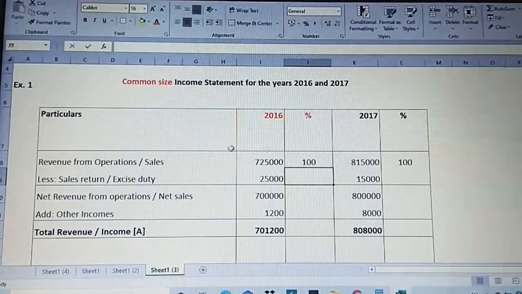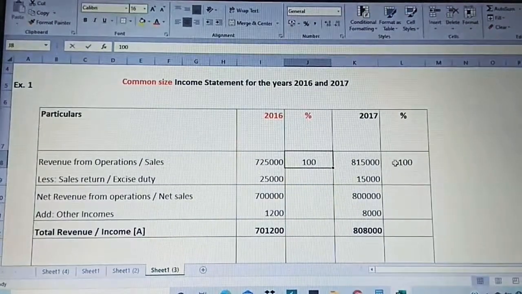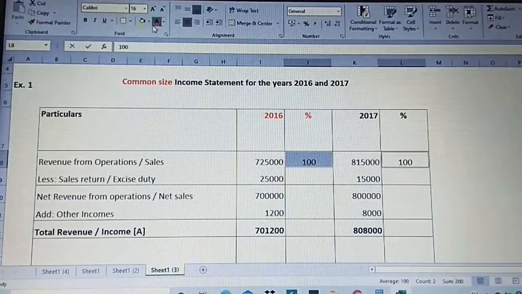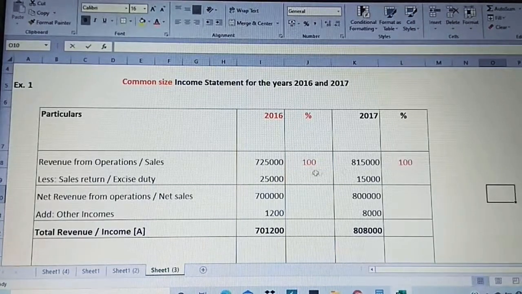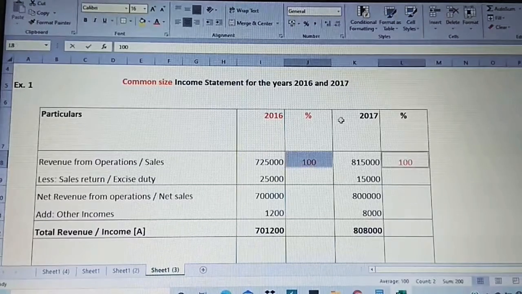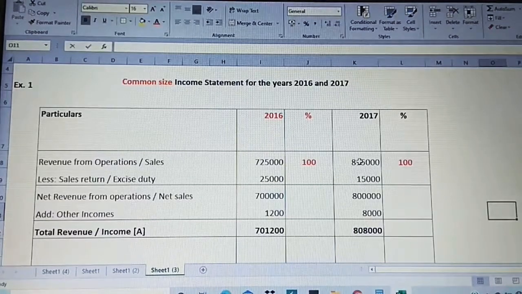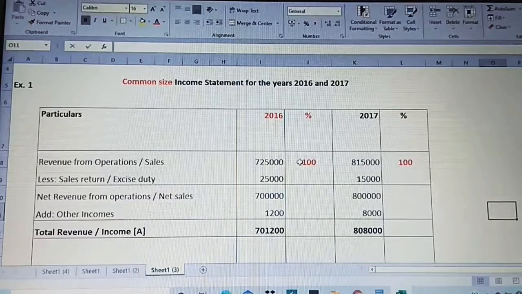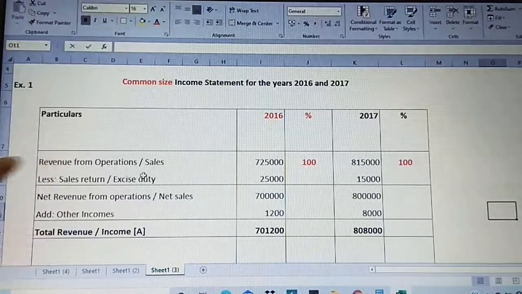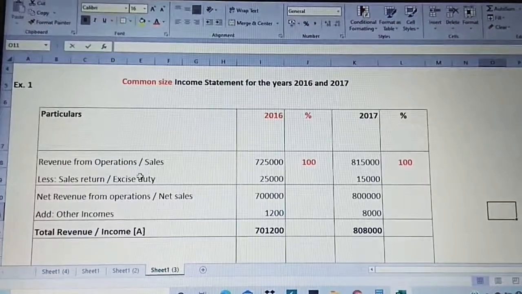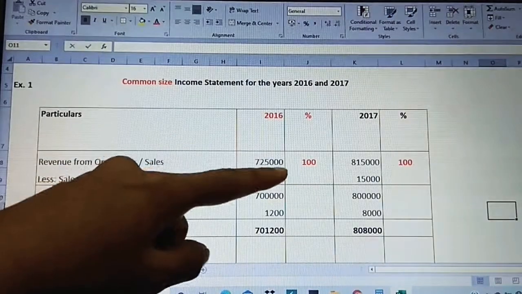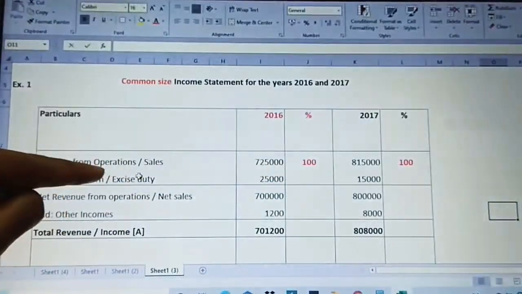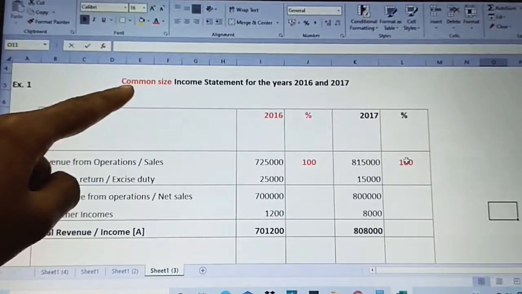Let me show you once. You have to write it. I have made it bold, just observe. The first item of both the first year as well as the second year is to be treated as the base for calculation in case of common size.